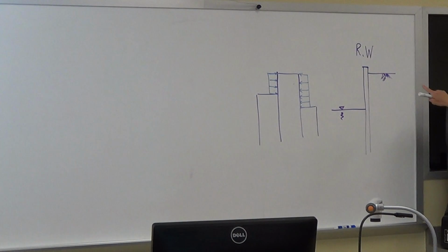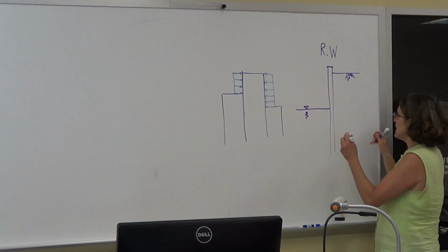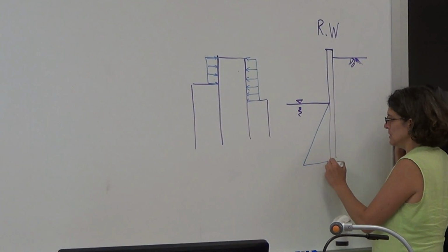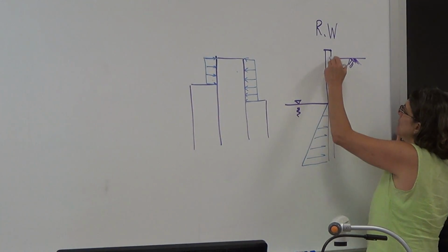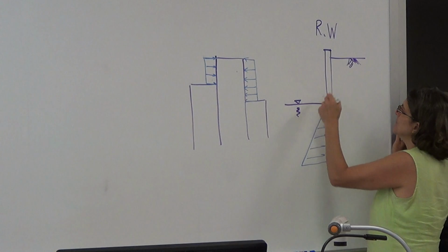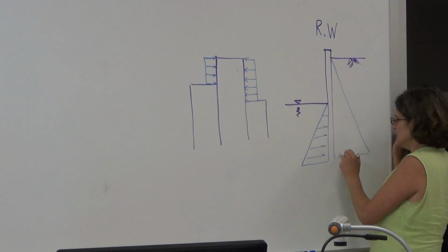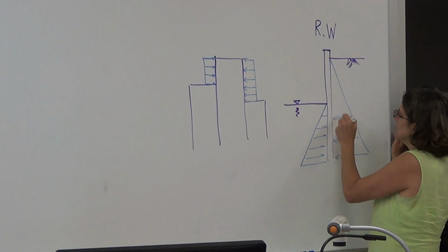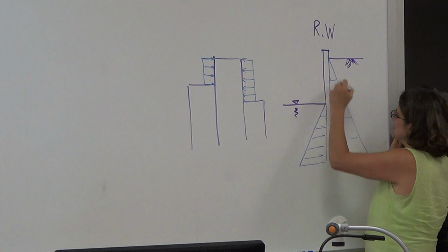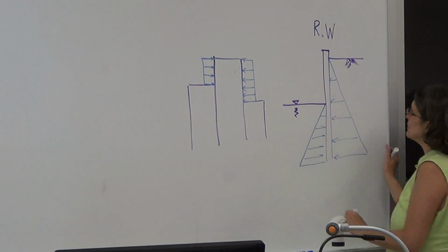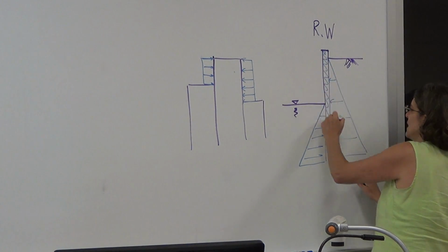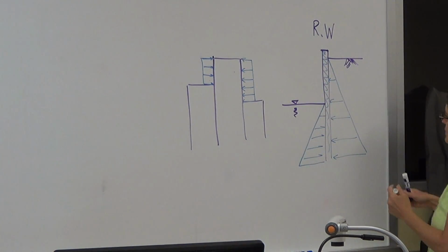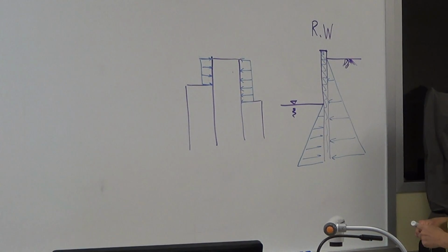Well, this retaining wall right here is being subjected to a triangular distributed load due to the water. And then it also has a distributed load on this side based on the soil pressure. So this is soil pressure and this is the water pressure. And again, we have to look at this body, this retaining wall, and analyze it based on multiple distributed loads it's going to have.